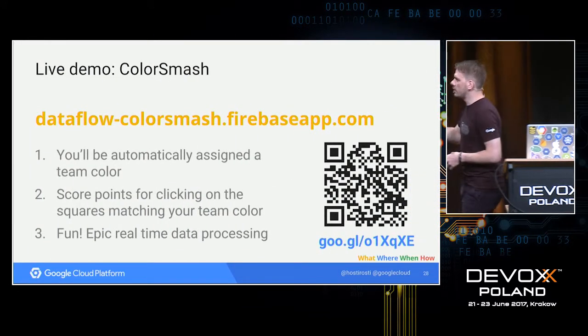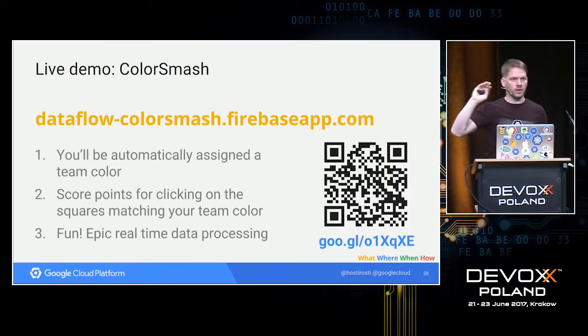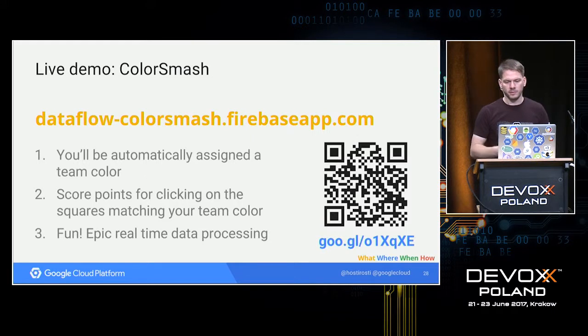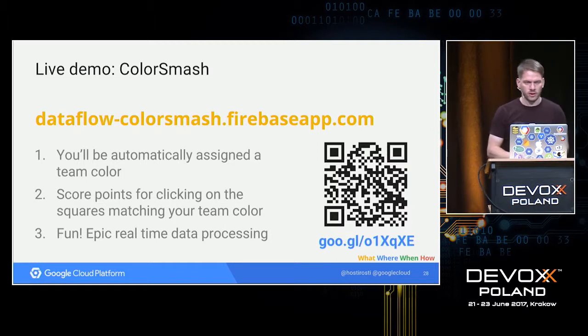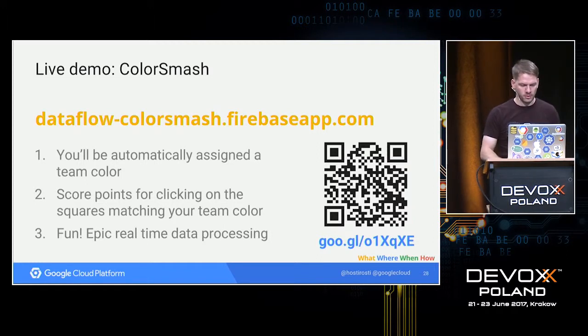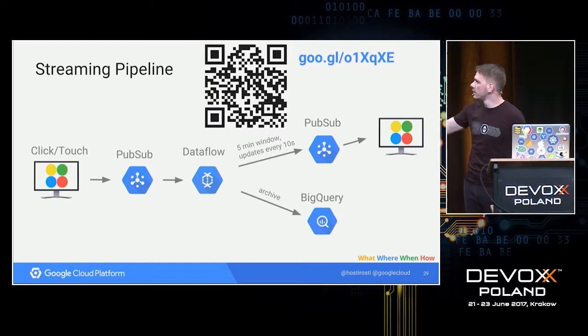Basically, that gets pipelined through a couple of systems under the Google Cloud platform into Dataflow, is then processed and then written out, on the one hand back to you on your mobile phones, and also to our storage system where I write it to BigQuery. So here's the pipeline, as you can see.